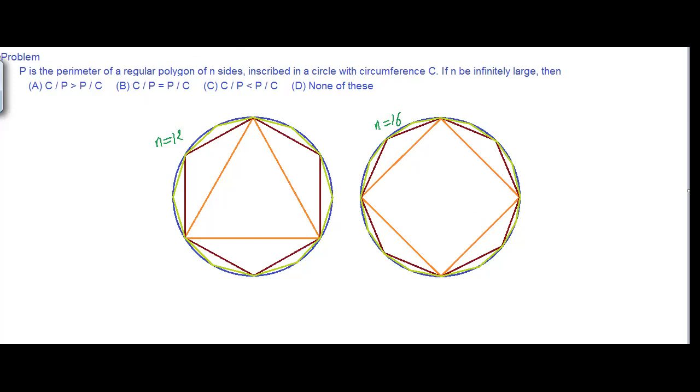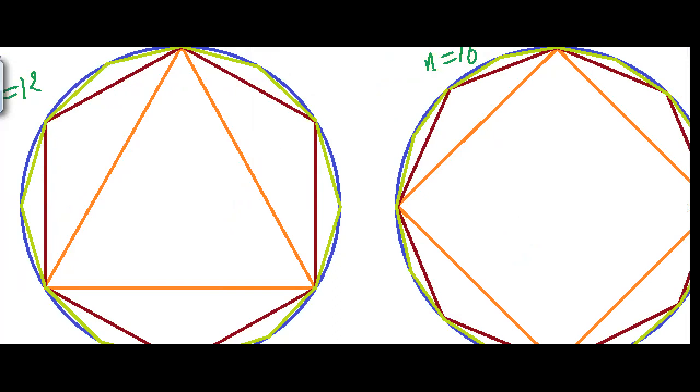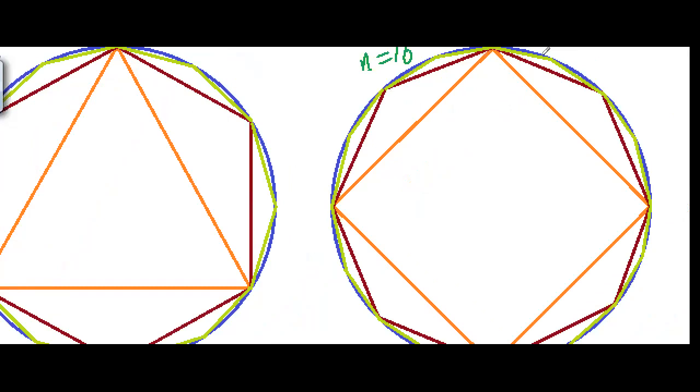If I enlarge the picture, you can yourself see that in the case of a 12-sided regular polygon, there is a gap visible between the green color side of this regular polygon of 12 sides and the blue circle. But if you see the second figure where the number of sides of the polygon is 16, you find there is blue part of the circle visible, green part of the regular polygon visible, but no gap is seen there mostly.